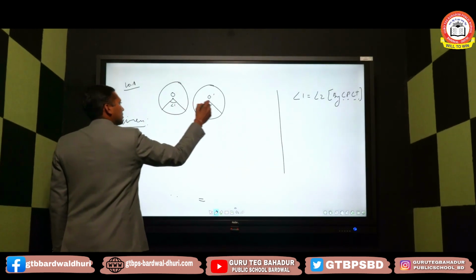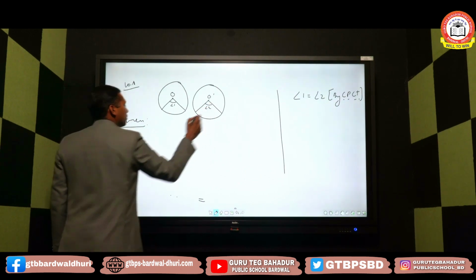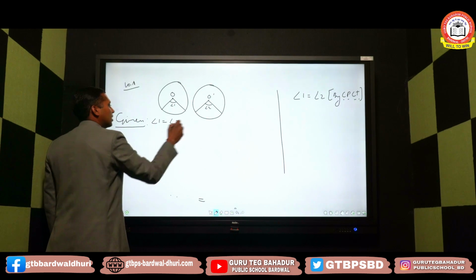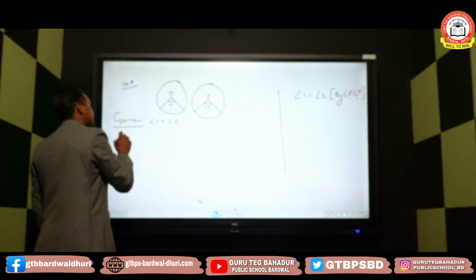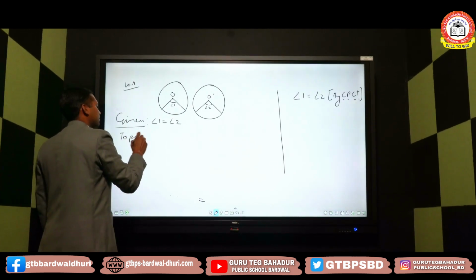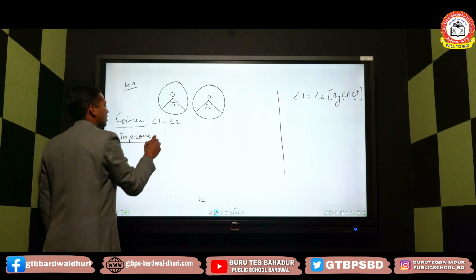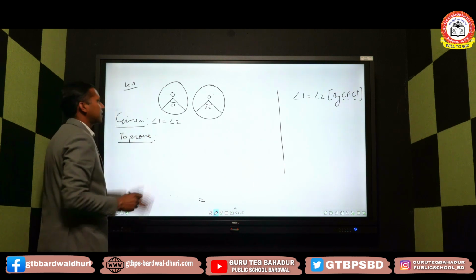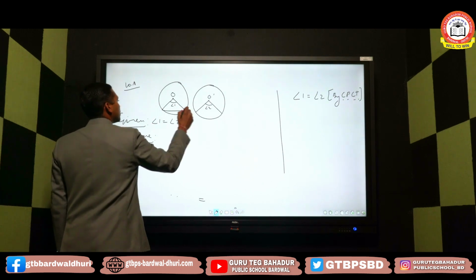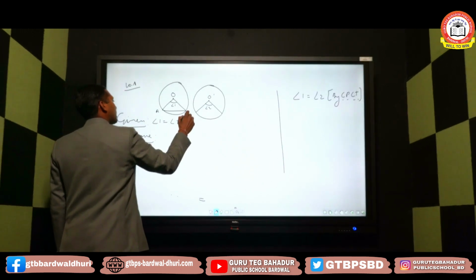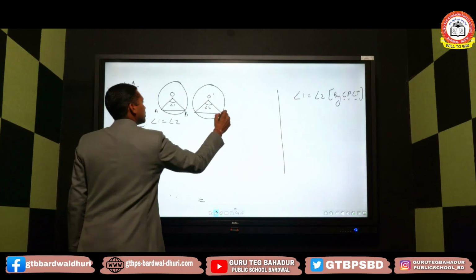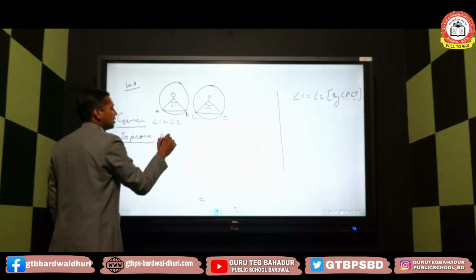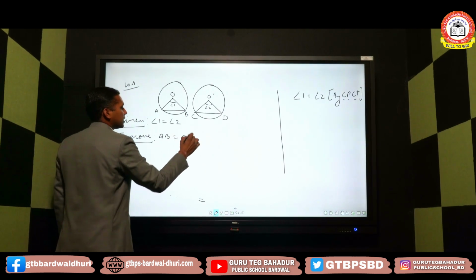Let angle 1 and angle 2. So angle 1 is equal to angle 2, given. What we have to prove in this case is that equal angles subtend equal chords. We have to prove AB is equal to CD.